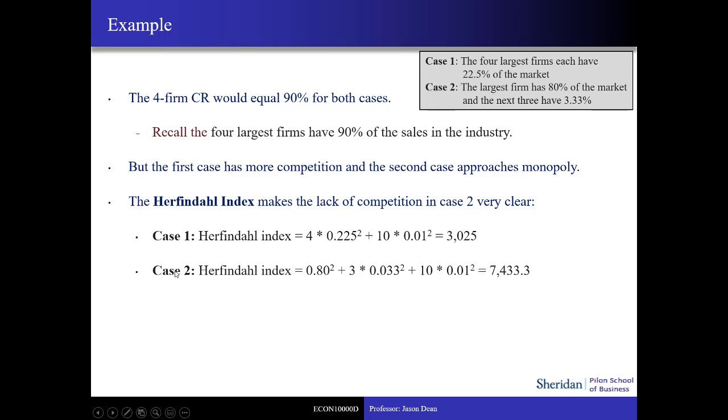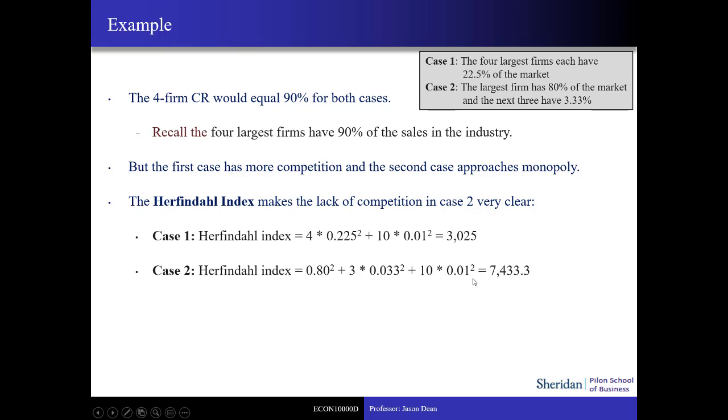Now in the second case, we take the market share of the largest firm, which has 80% market share, and square that. Then we add the other three, which are all the same size, each 3.3%. So we square 3.3%, or 0.033, multiply that by 3, and then add the term for the other 10 firms that are each 1%.